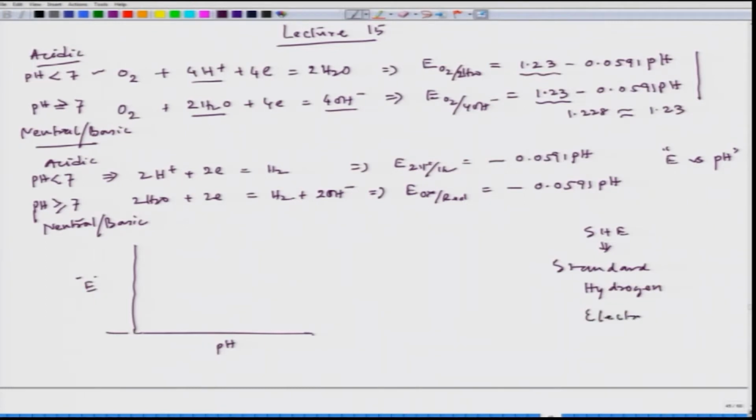There the potential value is 0 at 25 degrees Celsius and 1 atmosphere pressure of hydrogen gas.